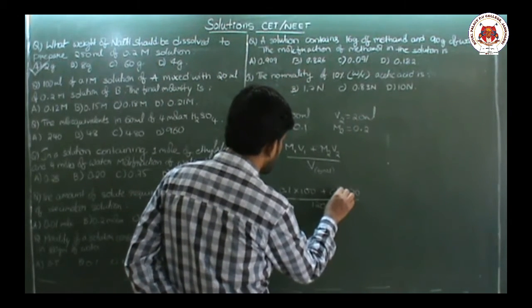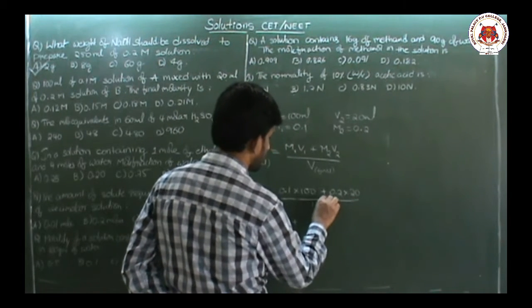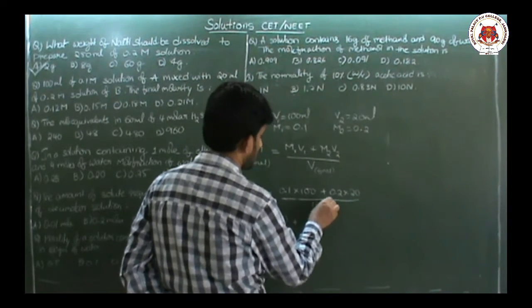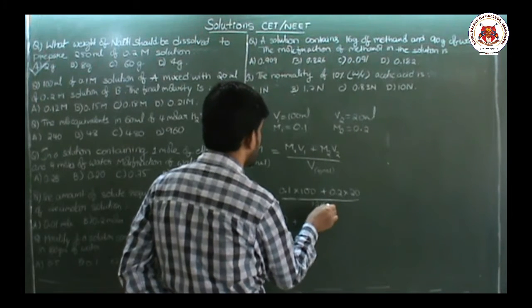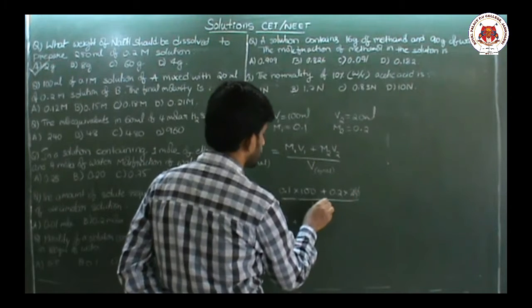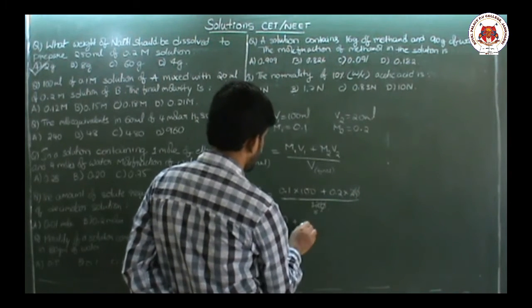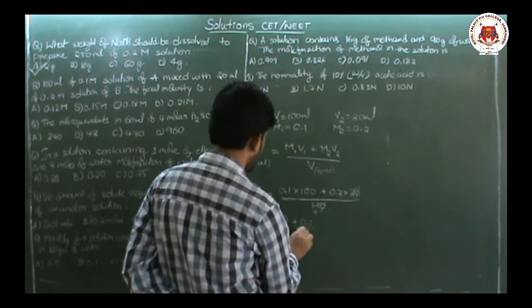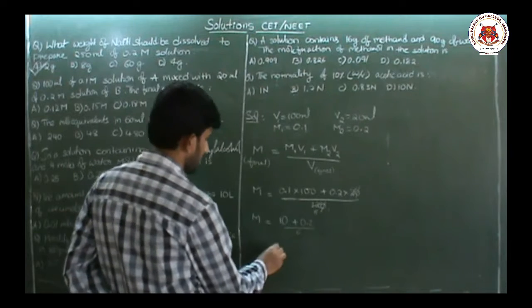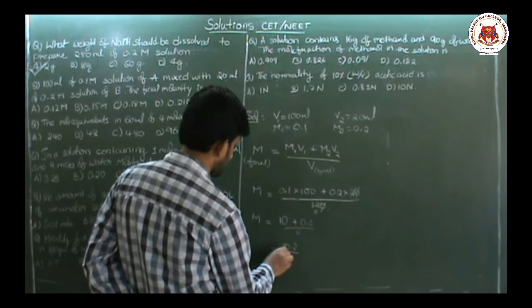So we can take 0.2 into 20, or else let me cancel like this. This is 10 plus 2, that is 10.2 divided by 6, since 120 cancels to 6. So this can be 10.2 divided by 6.